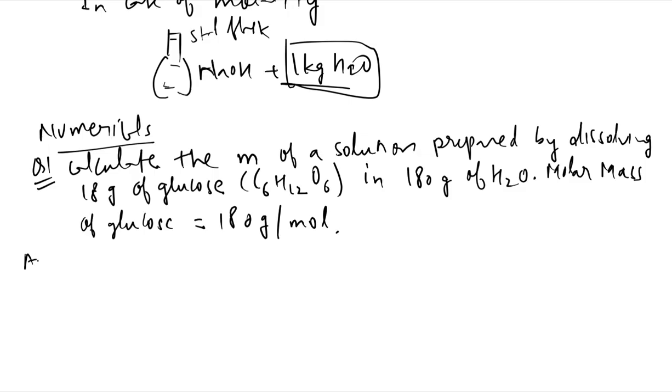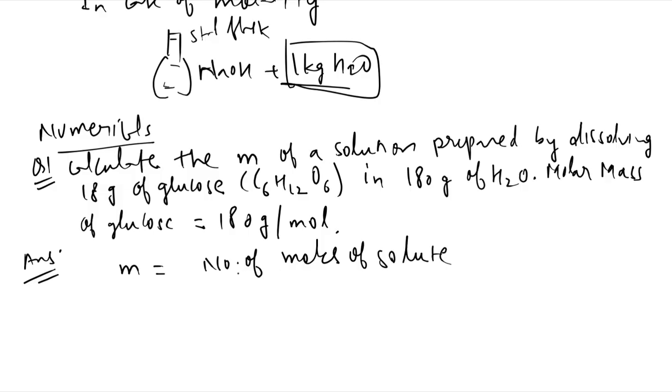It's a very straightforward and simple question. So we know that molality has a formula of number of moles of solute divided by mass of solvent.